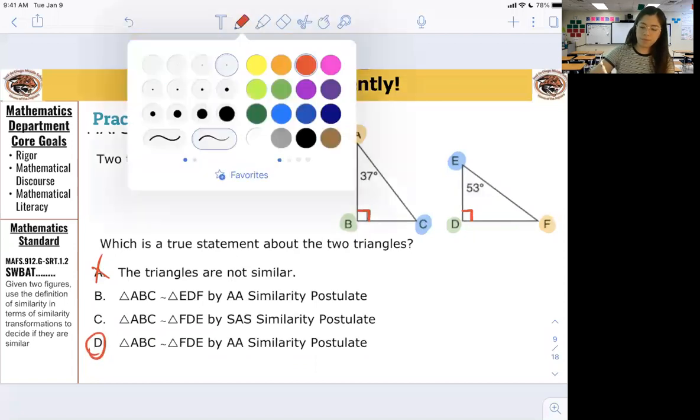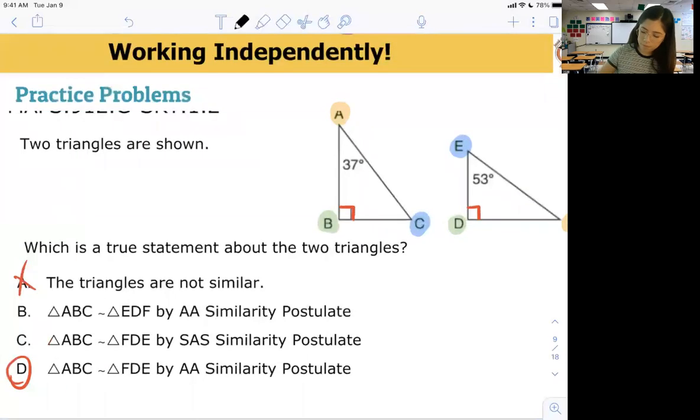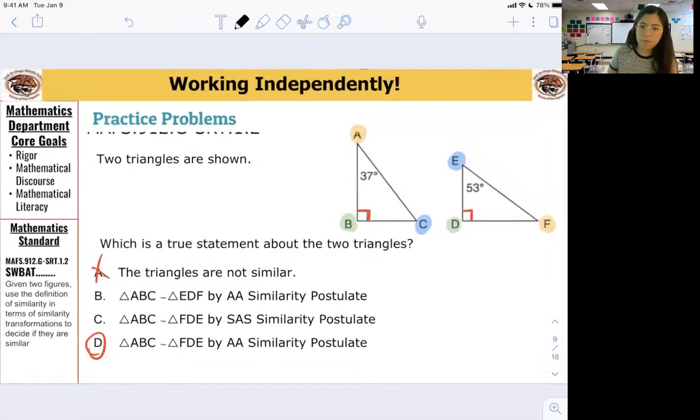Well, what I did was I first found the missing angle for one of them and see if they both have the three angles. So then I just matched them. Since the 90-degree angle, we know which one it is. And since 37 is A and 53 is E, then I just matched them like that and filled in the missing spots.